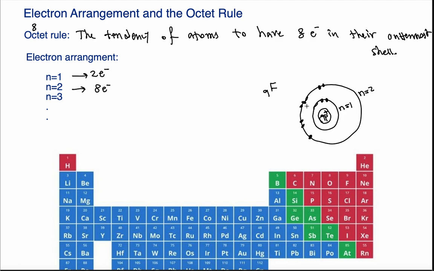So this is N equals 2 for fluorine. We don't go above N equals 2 because of the number of electrons that it has, but if you go down the column, there are more and more energy shells added, which are going to be occupied by more electrons. N equals 3 can hold a maximum number of 18 electrons.